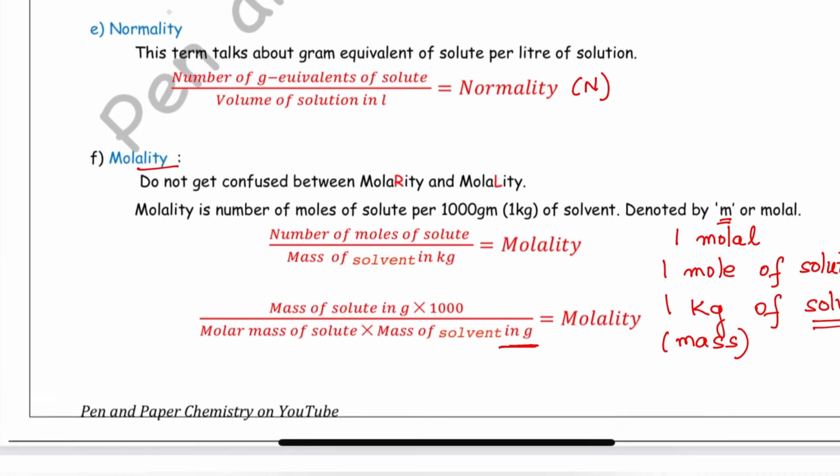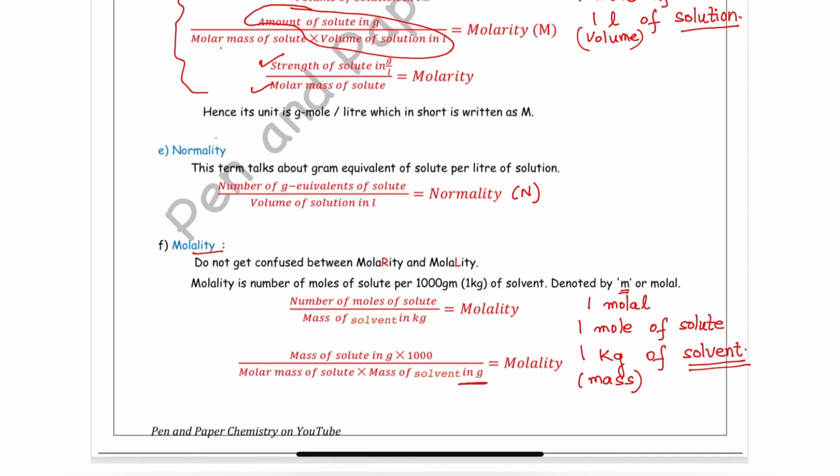The question arises, if I have got molarity, why should I bother myself with molality? Why should I add one more thing to my learning? You see over here, we've got volume of the solution. Now, volume is equal to mass divided by density.